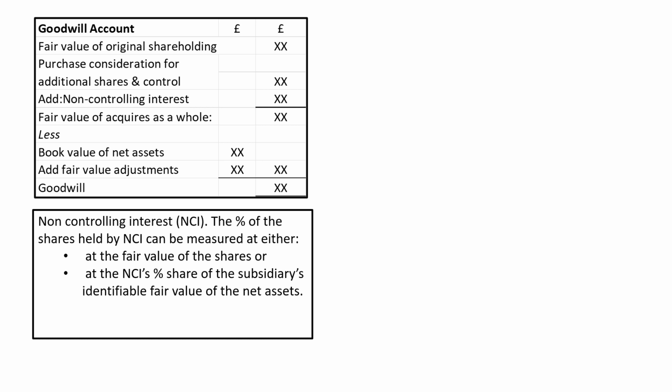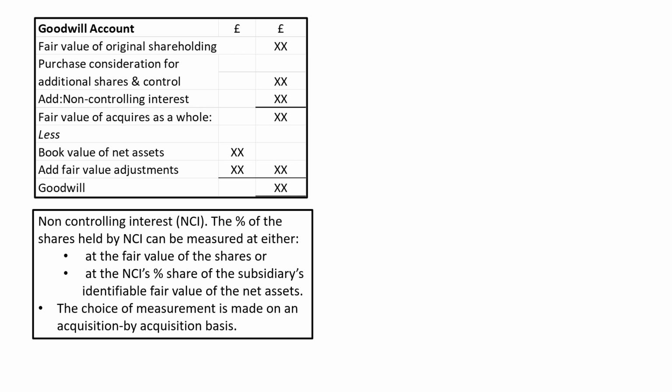So, in a subsidiary which has an NCI of 20%, if you use the proportionate net assets method, the value of the NCI will be 20% of the net assets. The choice of measurement is made on an acquisition by acquisition basis.